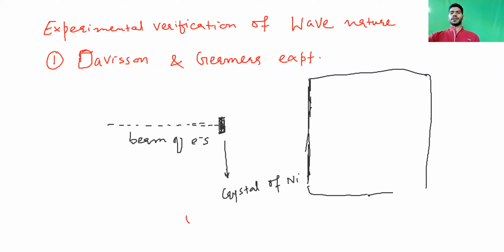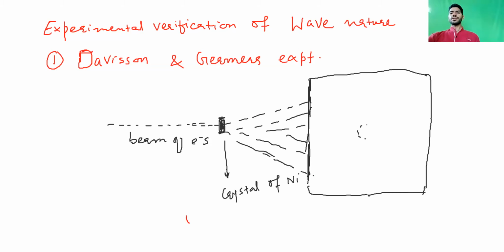Let's say this is my zinc sulfide screen. When these electrons, they will just scatter here. Diffraction will actually take place here, and this diffraction was observed on this zinc sulfide screen.